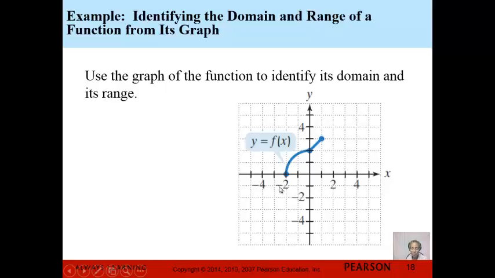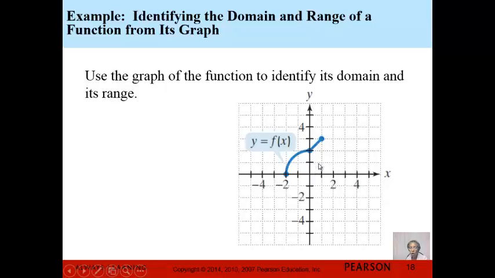Here's our graph. You can see this blue curve represents our graph. Essentially, we just look at the inputs that correspond to points on the graph. So -2 is the smallest x value for a point on the graph. And notice that all of the points are bigger than -2 once I move to the right of the point that has the smallest x.